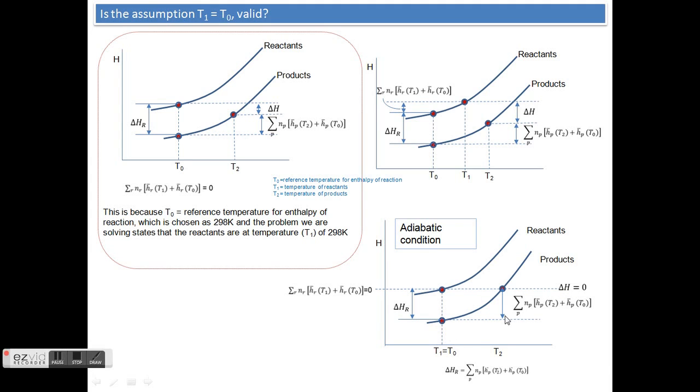I'm just giving the graphical depiction of what it is, partly because T1 and T0 are the same, so we have the 0. So our change in enthalpy, heat of reaction, is also equal to the molar, sorry, there should be a negative sign, the difference in the molar enthalpies.